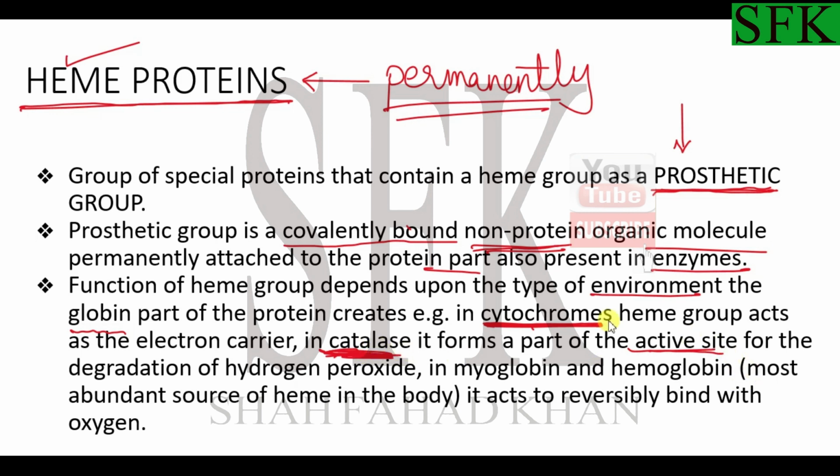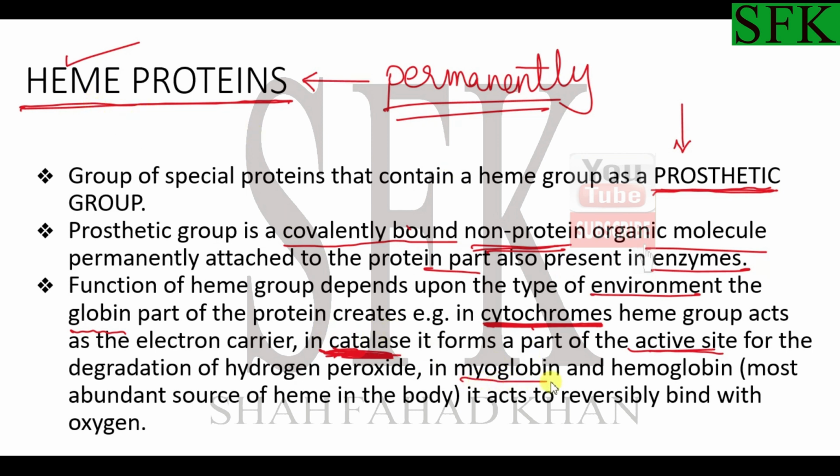And in catalase, the arrangement of the protein part is such that it dictates the heme group to function in the active site for the degradation of hydrogen peroxide. Okay, so in catalase, the prosthetic group is the heme group.